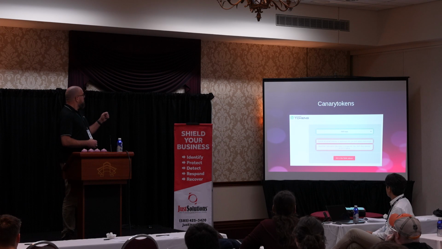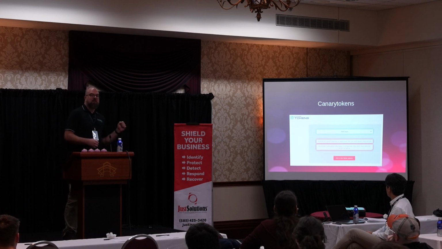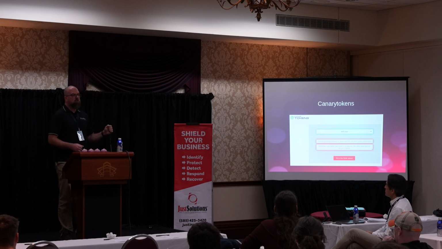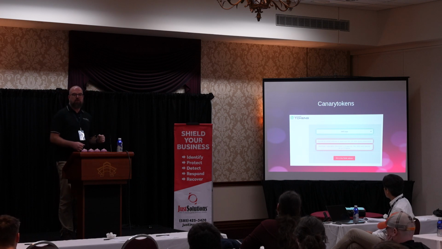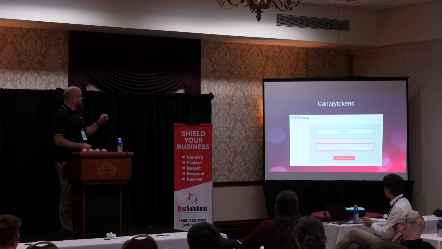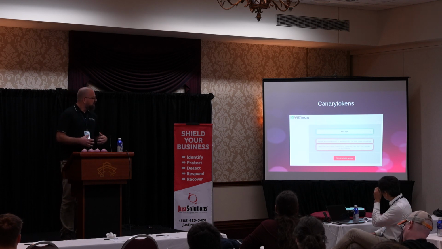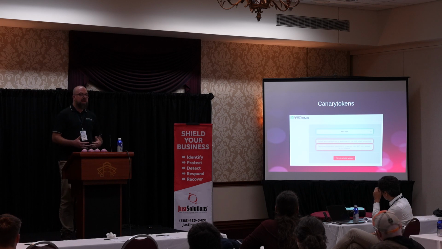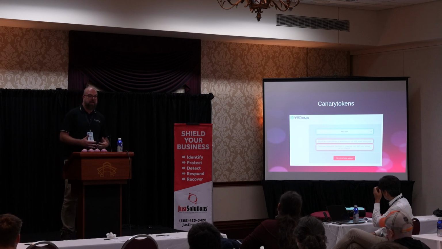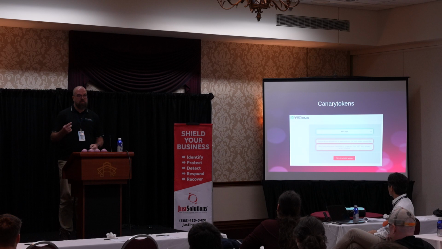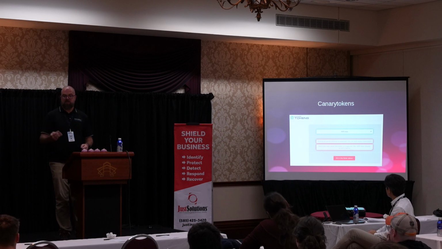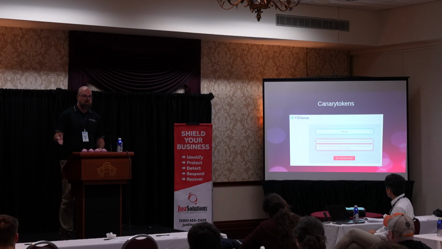The second one, reminder note when this token is triggered. This is vital. Future you will thank past you an awful lot when this triggers in 19 months, right? You want to have a good naming scheme or a good identification scheme for these Canary tokens, because you're not going to make one and you're not going to make two. You're going to make dozens and you're going to scatter them all over your network, right?